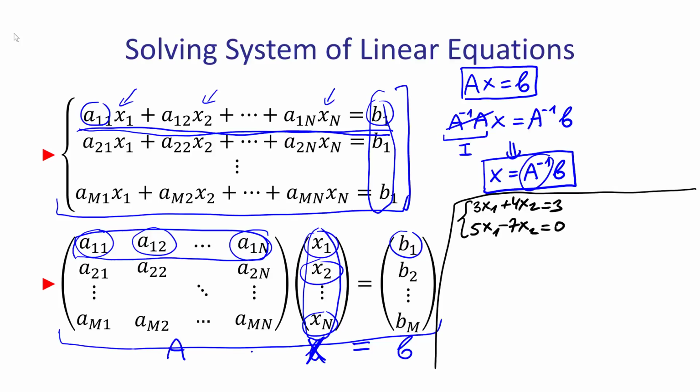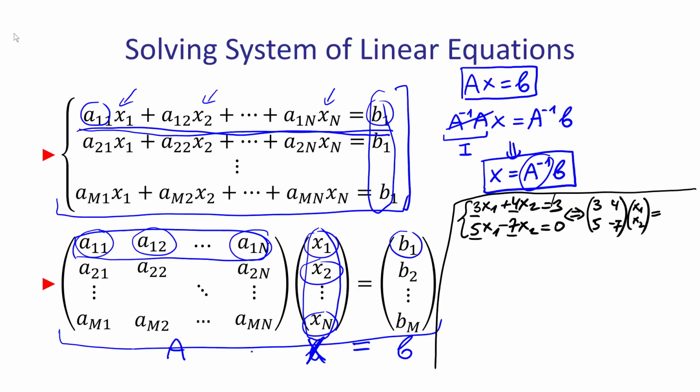Now, in matrix form, you can write it the following way. So this is equivalent to the following matrix form. I'm just writing the coefficients in the matrix: 3, 4, 5, minus 7. Those are the coefficients that I took from here. Multiplying them by x1, x2.